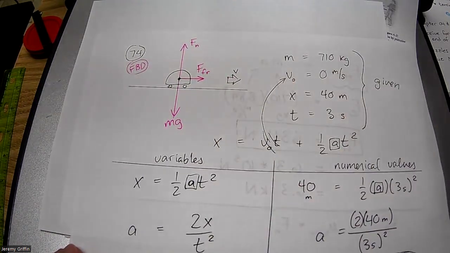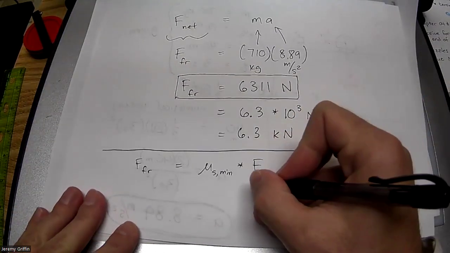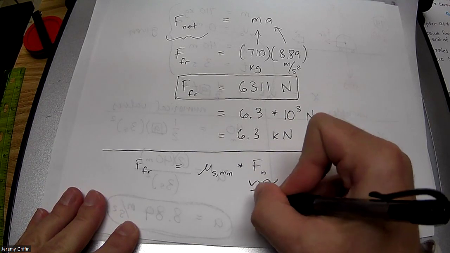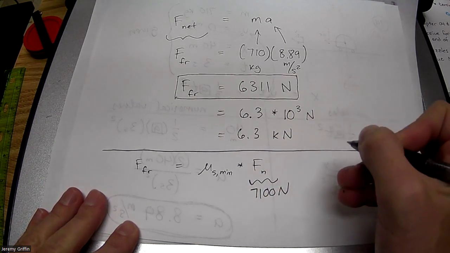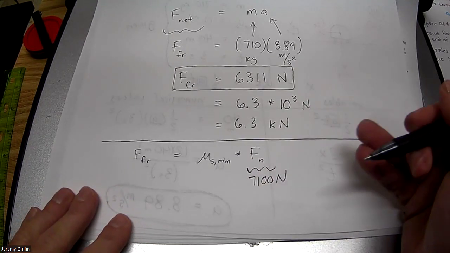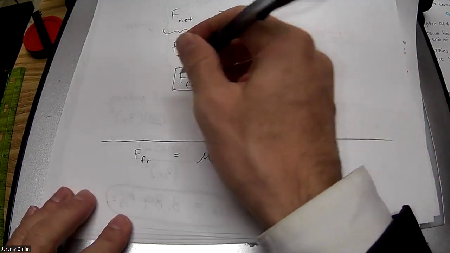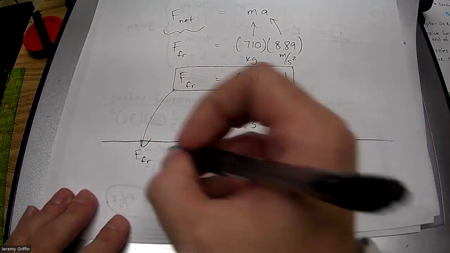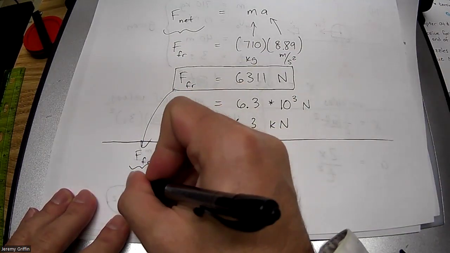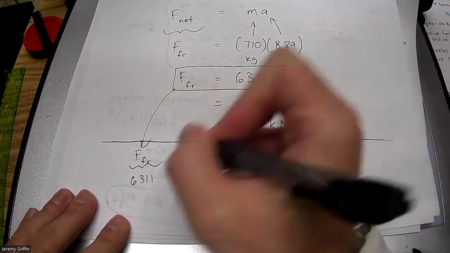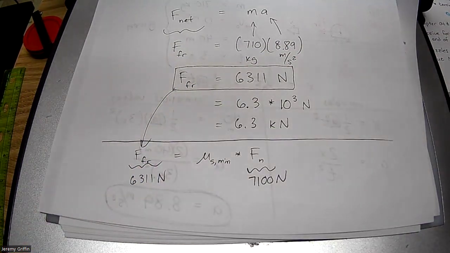So it's the same magnitude. So could this right here be like 7,100 newtons? Because 710 kilograms weighs 7,100 newtons. And this friction force, we just found that. That's like 6,311 newtons. Oh, go ahead and keep those extra digits, just round after the fact.